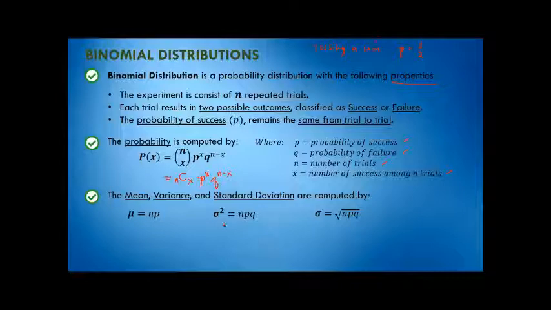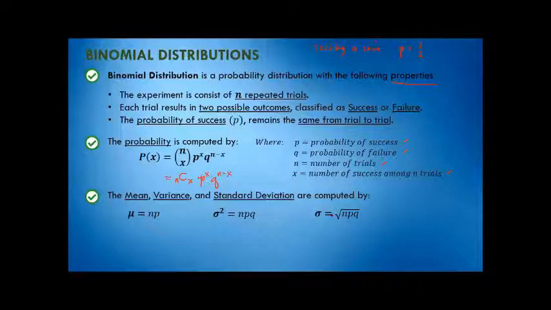For the variance, sigma squared is equal to npq. Ibig sabihin, this is the product of number of trials times probability of success times the probability of failure. And then, of course, the standard deviation is just the square root of the variance.